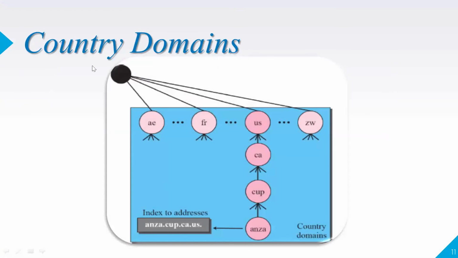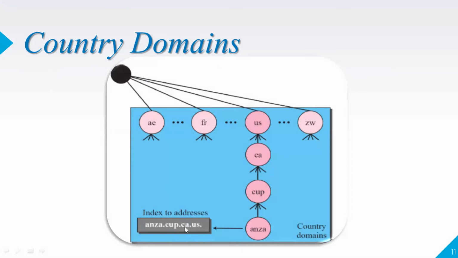The next one is the country domain. Here in the country domain, two characters are used in the address, and the two characters refer to a particular country. For example, the address anza.cup.ca.us. Here US refers to the United States. The first part, the country domain, may refer to any country, and the other part may refer to any designation or description of the organization.